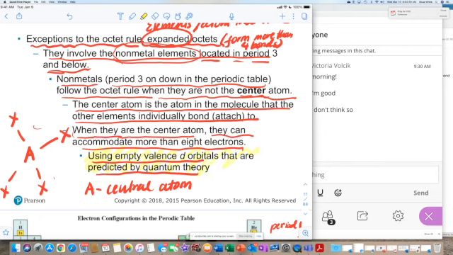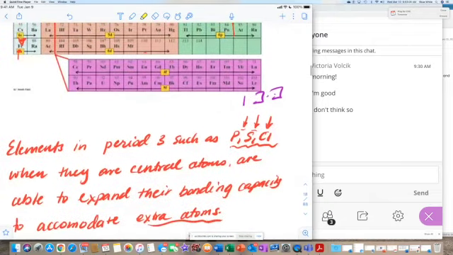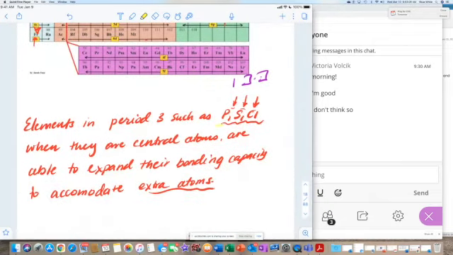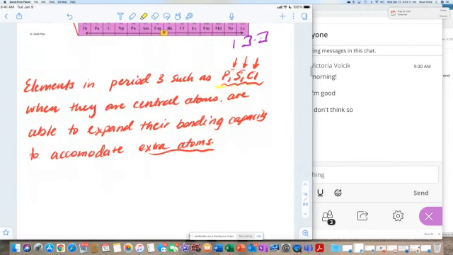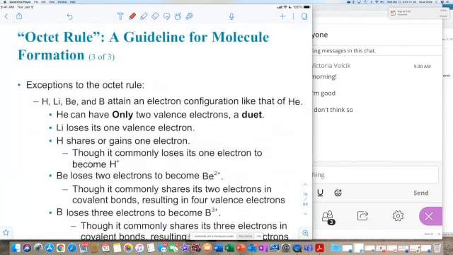We will focus on this in the next chapter, chapter 5, or 6, the other chapter. We will show how those elements, S, P, S, Cl, are able to use the d orbital to expand their bonding. Then we're being told that there are other exceptions to the octet rule.